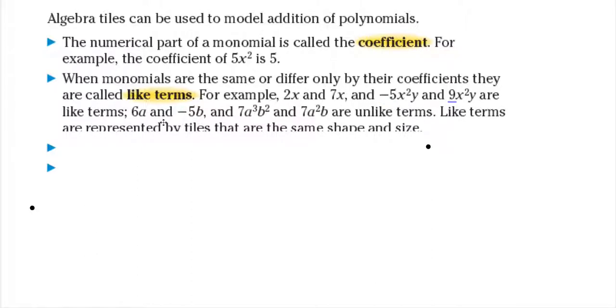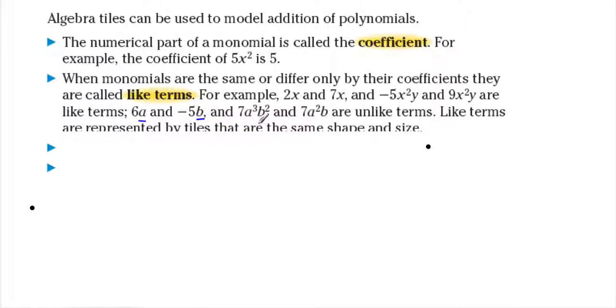6a, negative 5b, 7a cubed b squared, 7a squared b are unlike terms. Simply because look at their variables. 6a is a variable of a, negative 5b is a variable of b. They are unlike terms.